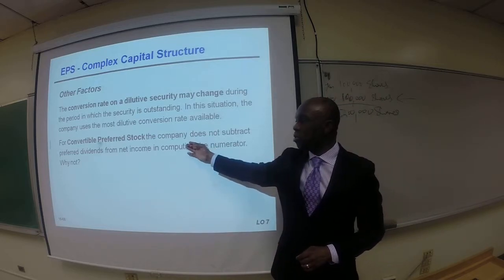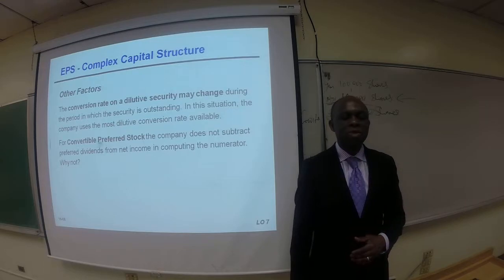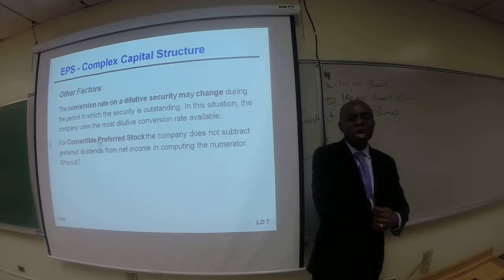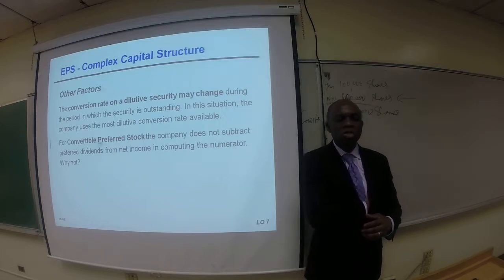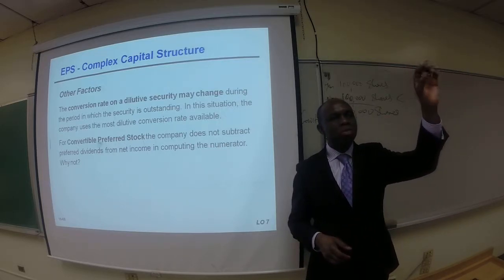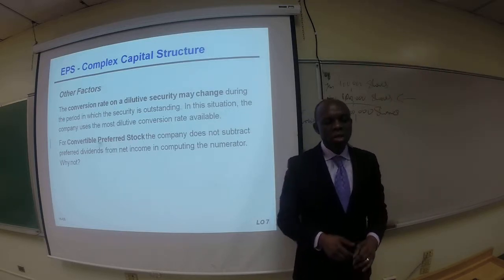Another important rule that you need to know is, for convertible preferred stock, the company does not subtract the preferred dividends from net income in computing the numerator. Remember, on the numerator we said net income minus preferred dividends. Why not here?